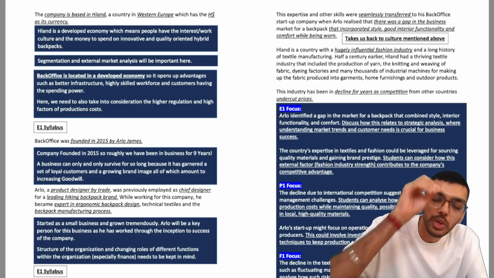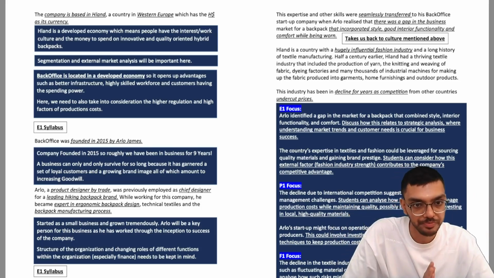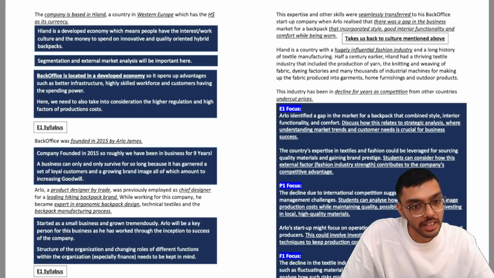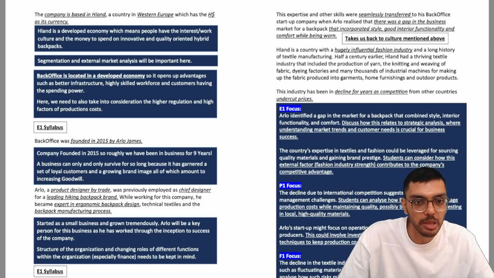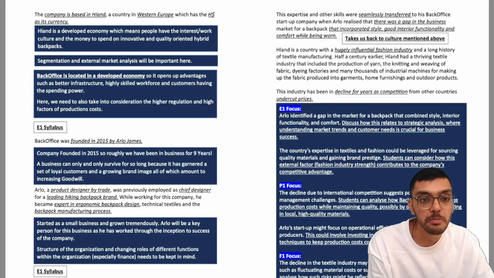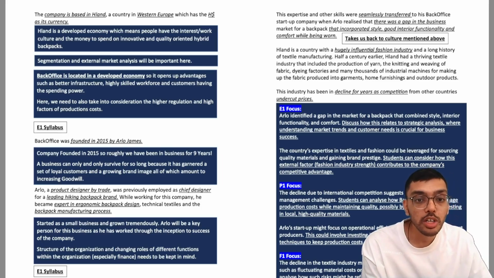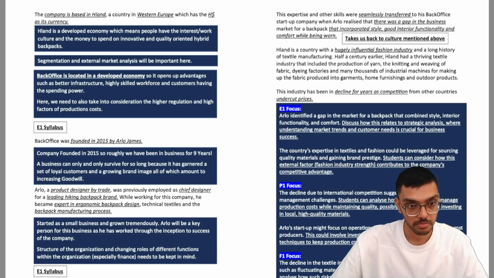Everything needed within backpack design and backpack manufacturing, he had the knowledge. It started as a small business and has grown tremendously, which we'll see deeper in the pre-seen. But Arlo will be a key person for this business, as he has worked through the inception to the success of the company.